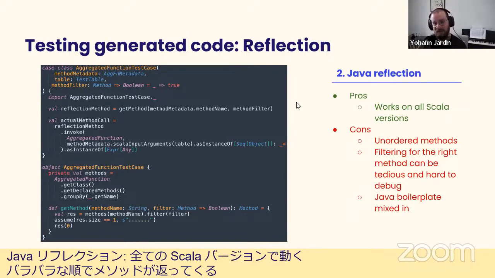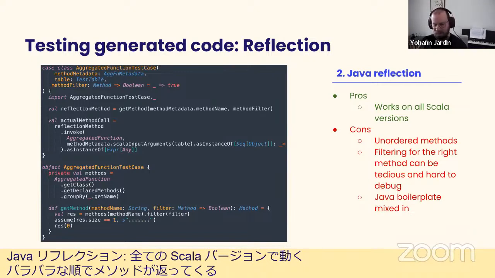Also, with Java reflection, you lose the fact that methods are read in order. So you don't have any alternative index anymore. What we had to do is say, we first retrieve our dataset of methods, and then we need to find a predicate that identifies my method. And it's not necessarily that easy, because if you say, I have my count with no parameter, I have one with one parameter, yes, but when you add a combinator called if, it creates an additional parameter.